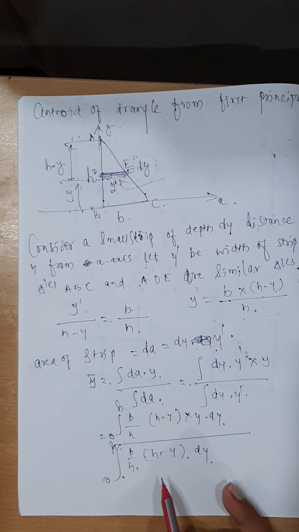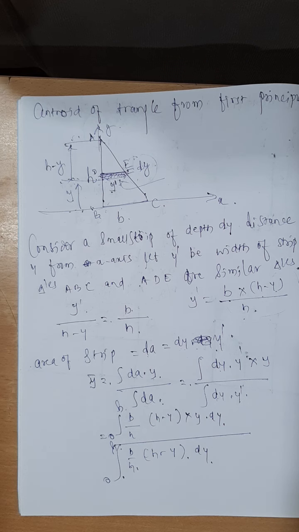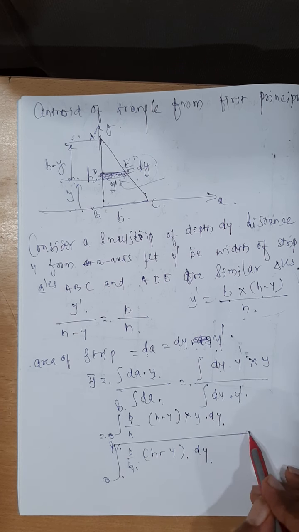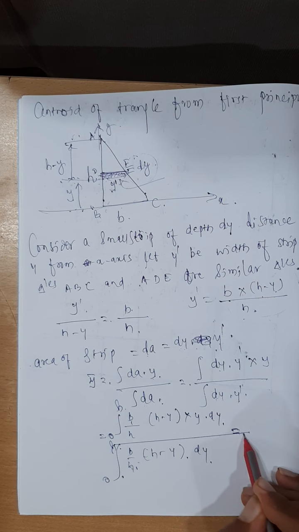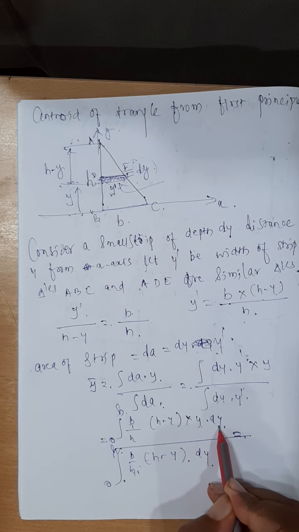Simplify it. b by h is constant, so you can take it outside and it will cancel out. What is left is h minus y into dy.